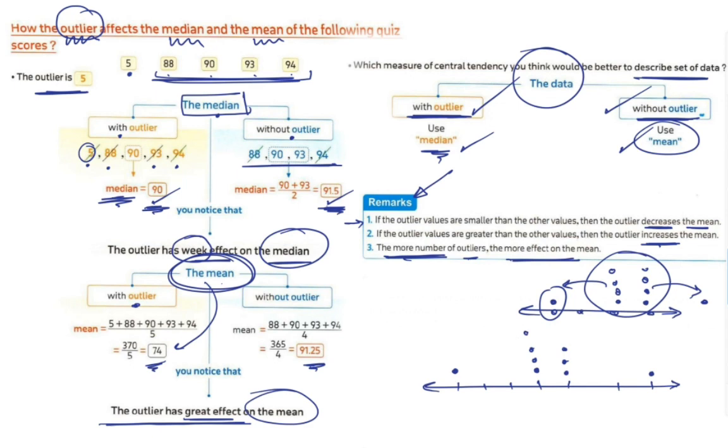If you have just one outlier, the value of the mean will be affected. But if you have two outliers, there is more effect on the value of the mean. Okay, we have some examples to explain this matter. Let's go.